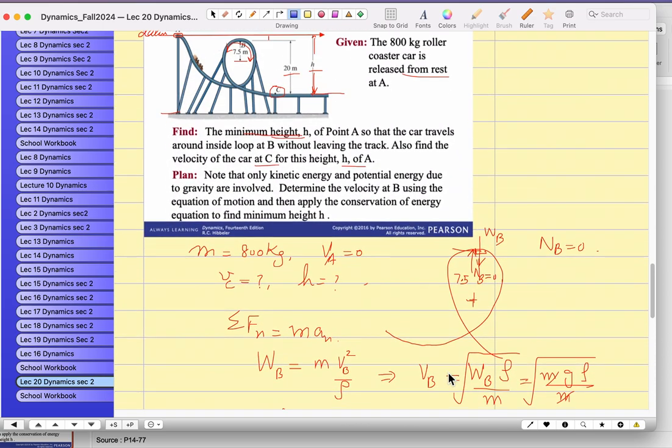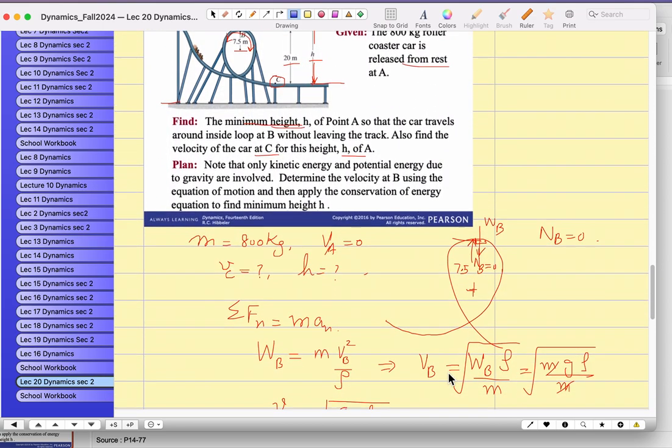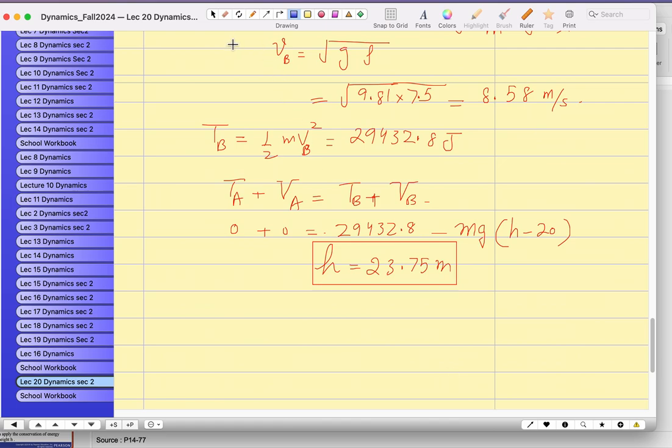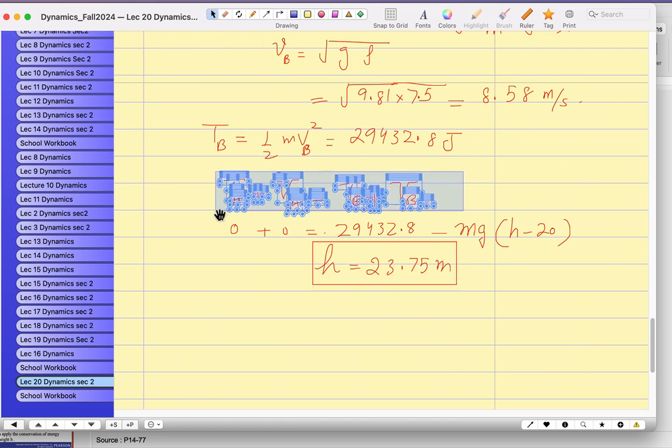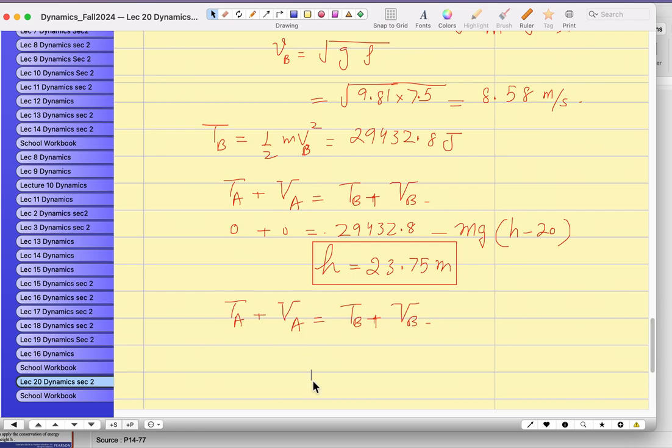The next thing we have to find is the velocity at location C. I'm going to use the same energy conservation principle, but now for location A and location C. I replace B by C. The left hand side is 0 plus 0, and the right hand side is half m v sub C square.